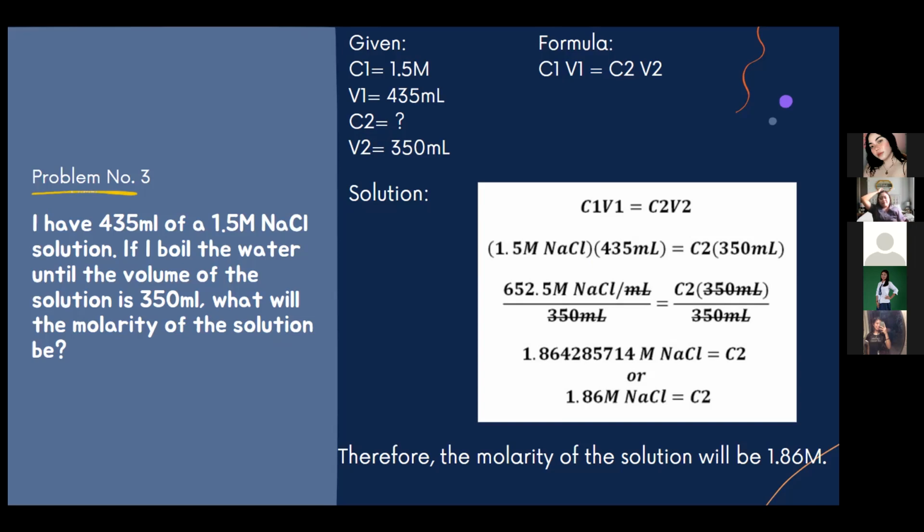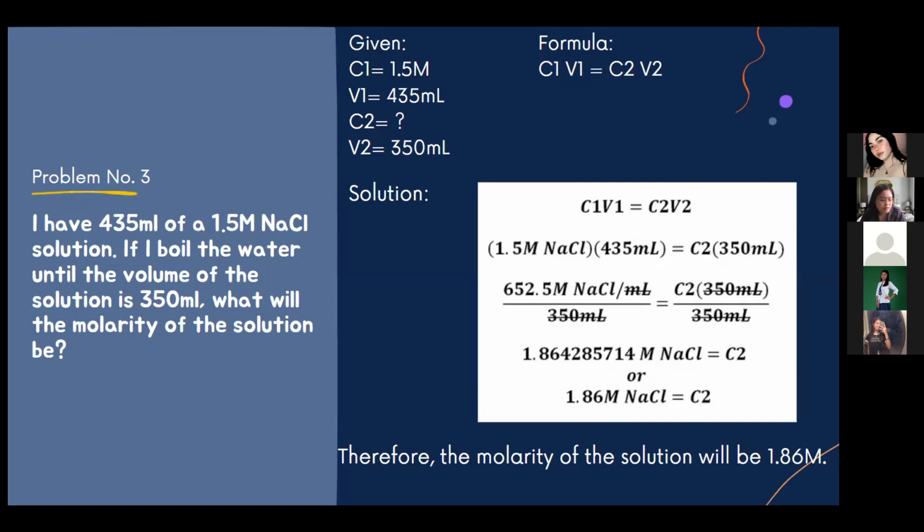So 365.5 M sodium chloride ml over 350 ml is equal to C2 multiplied by 350 ml over 350 ml. Since we cannot multiply C2 and 350 ml, we put 350 ml under both sides.